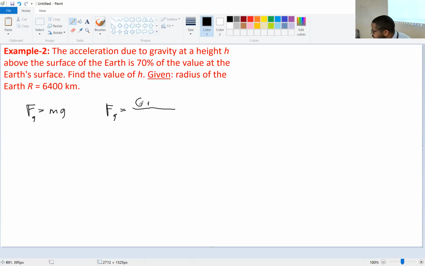Let m, so lowercase m equal the mass of some person, of the person on the earth. And then let capital M equal the mass of Earth.